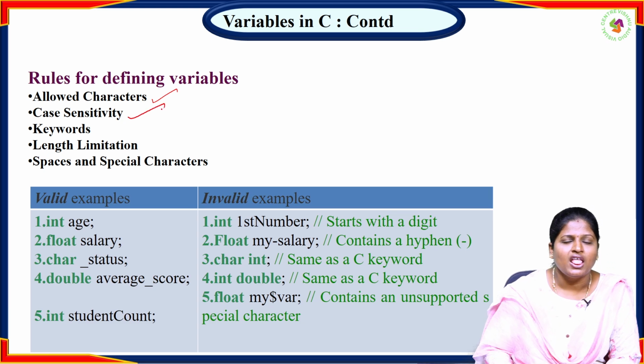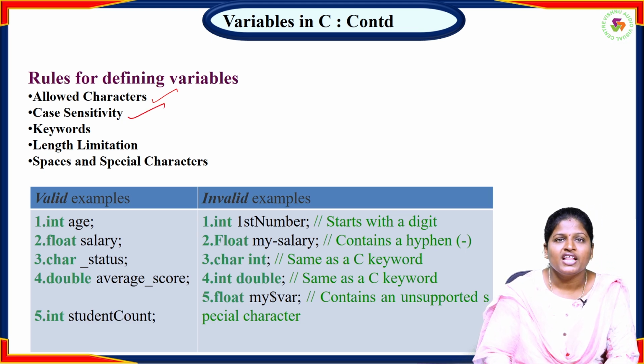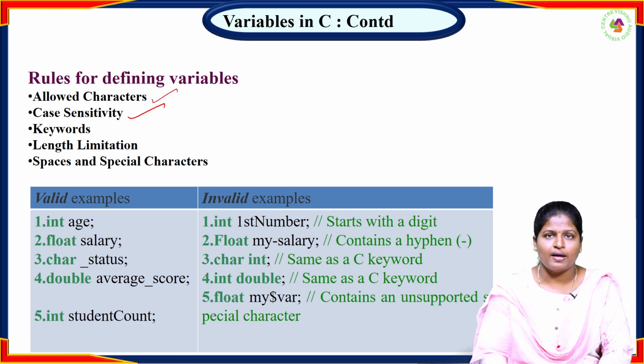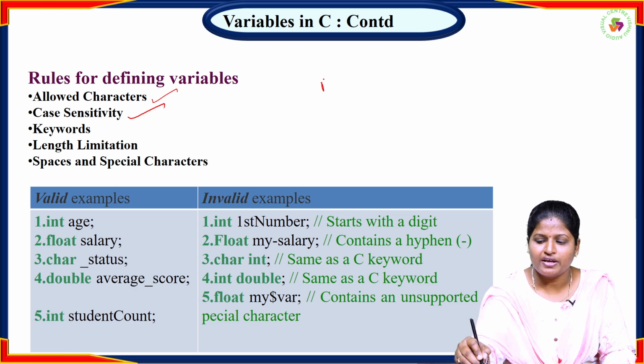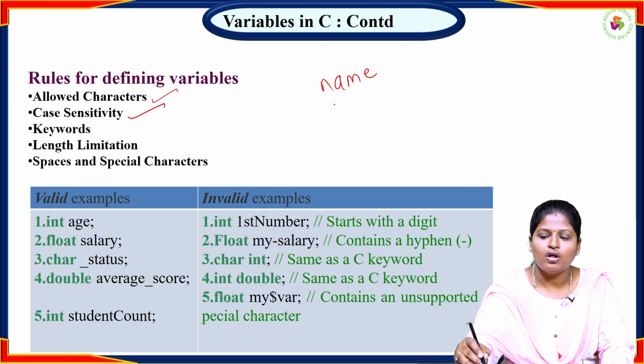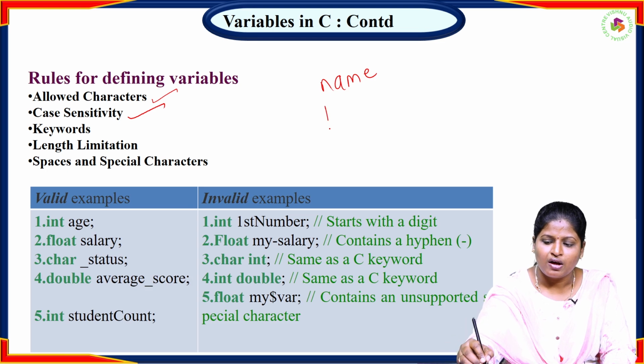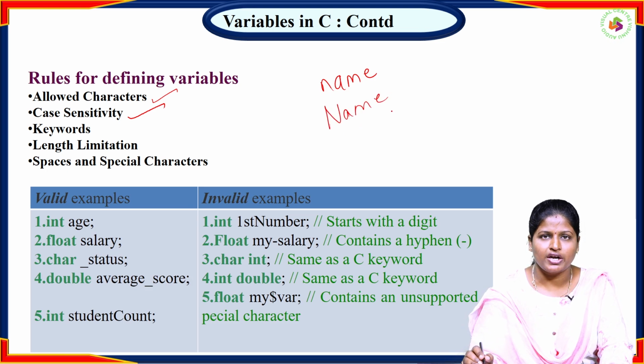Case sensitivity. The meaning of case sensitivity is that there is a difference between an uppercase letter and a lowercase letter. For example, I am taking the variable name as name. Here all the letters of the name are small case letters. But I am writing another variable name with capital N and the other three small letters.